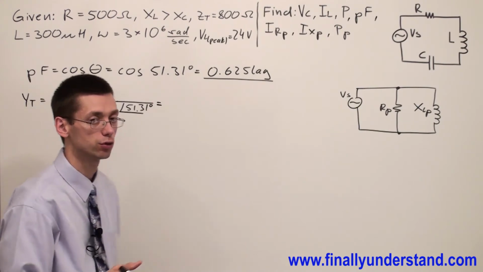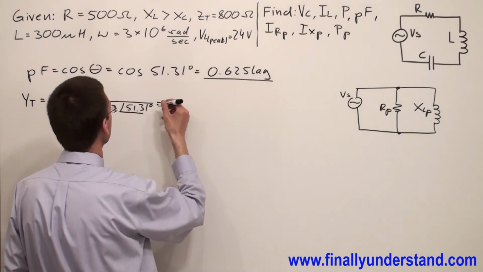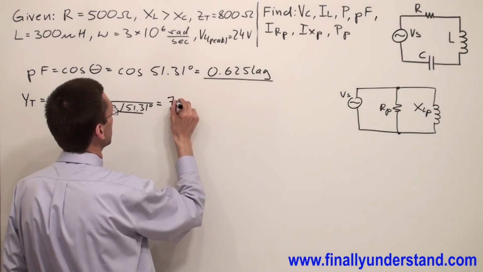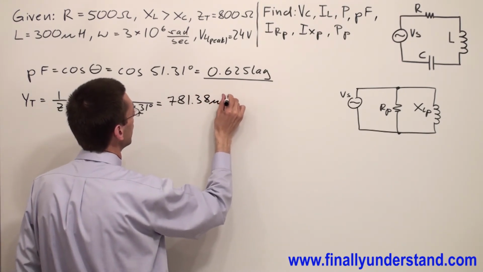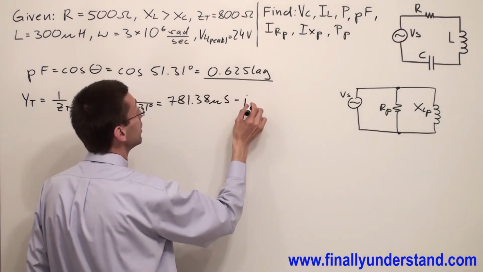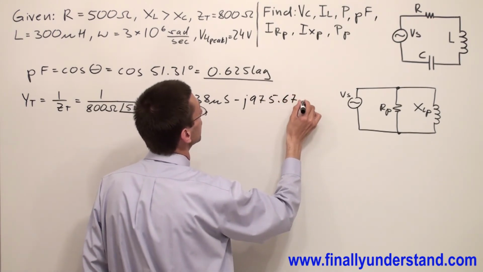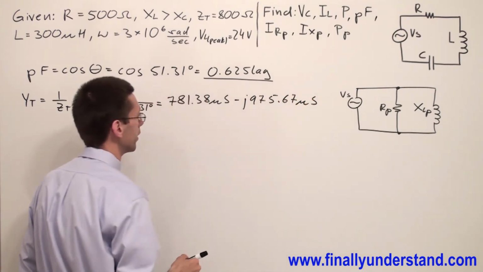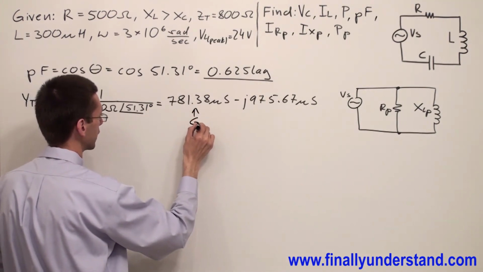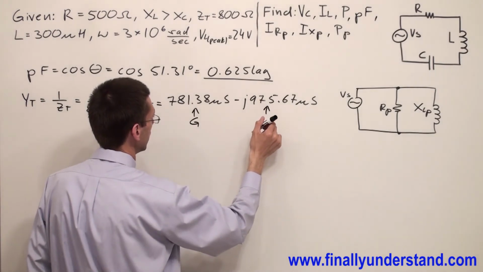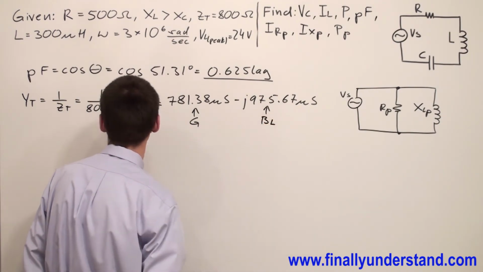Switch your calculators right now to the rectangular mode, and you're supposed to obtain the values of the admittance: 781.38 microsiemens minus j 975.67 microsiemens, where the real part of my answer is my conductance and the imaginary part is my inductive susceptance, B_L.